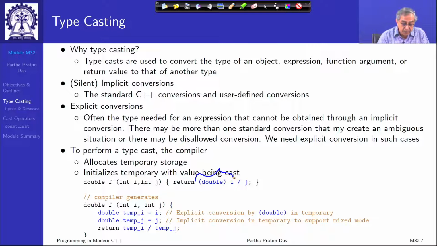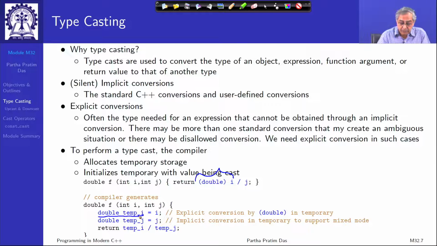So, what does the compiler have to do? The compiler has to define a new temporary variable. This may not be the name that the compiler will use, but it will use something equivalent. It will, as if, create a temporary variable of type double, say temp underscore I, and take the value of I and rewrite it in the form of a double number, a double literal.